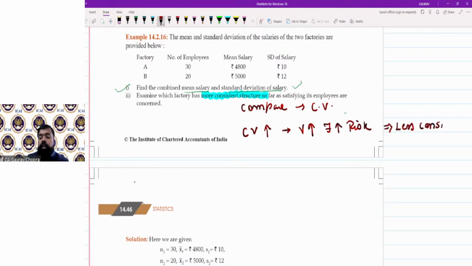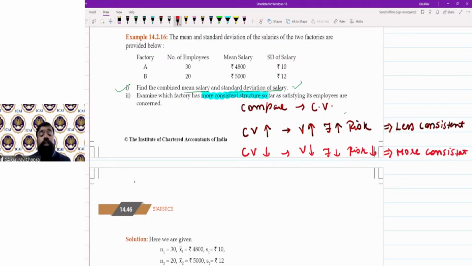It will be less consistent. Whereas, if CV is less, everything will become reverse. Variation will be less, fluctuation will be less, risk will be less, and it will be more consistent.